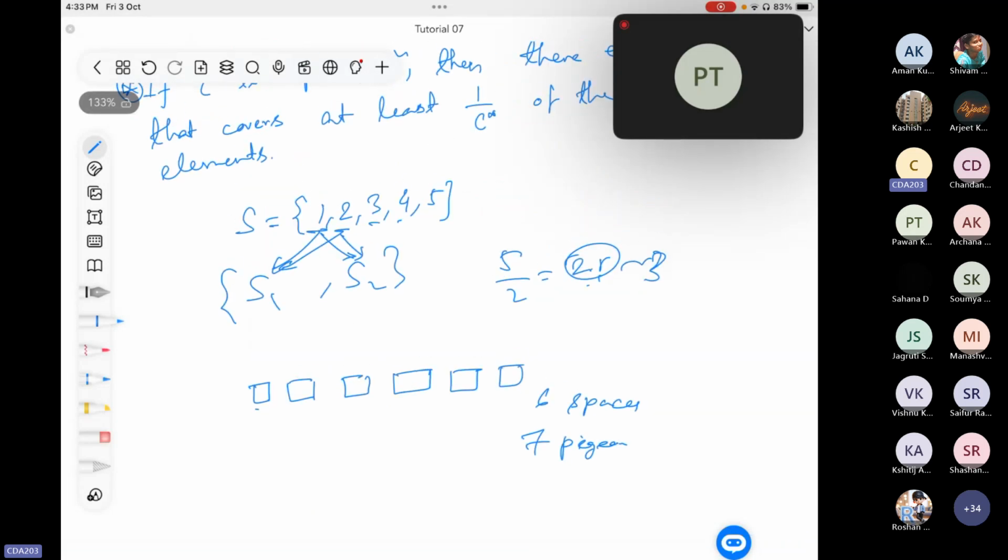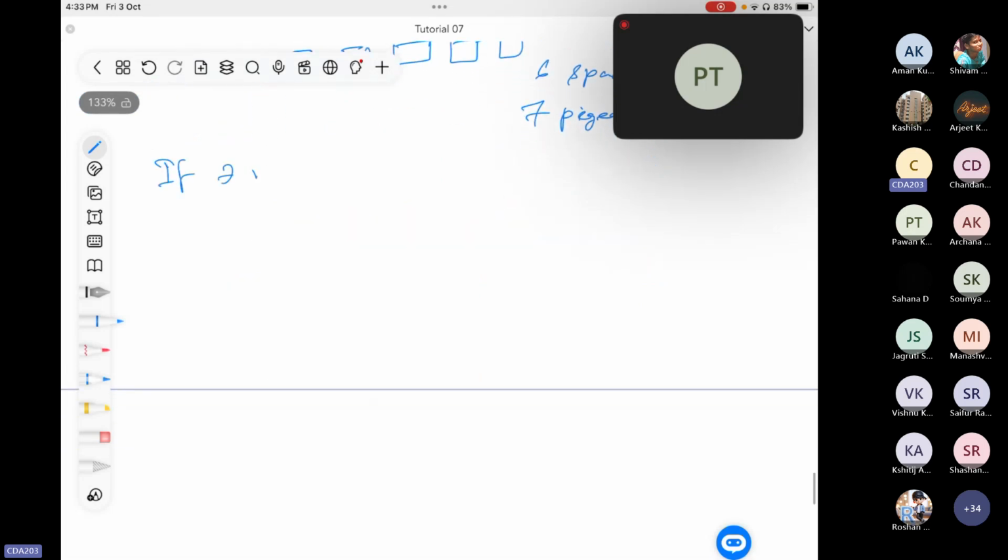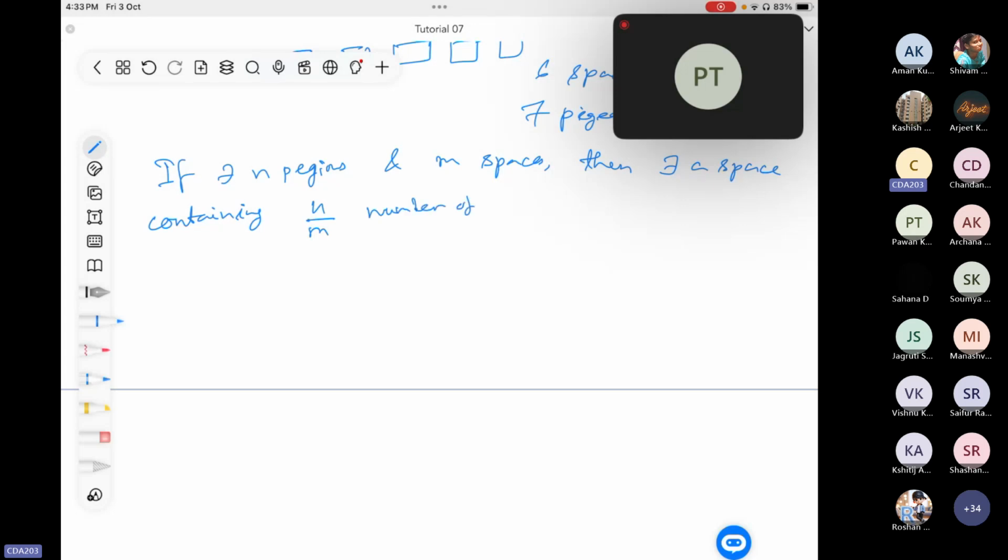So is it clear? If there exist n pigeons and m spaces, then there exists a space containing n by m number of pigeons.